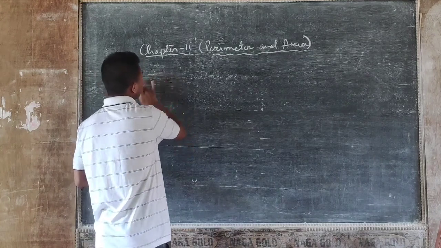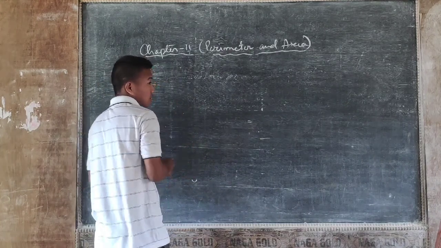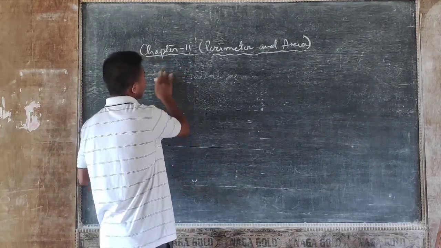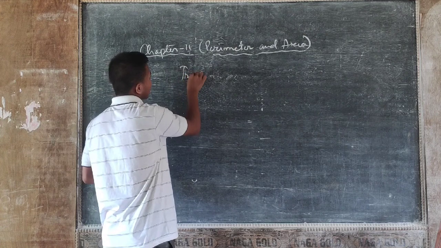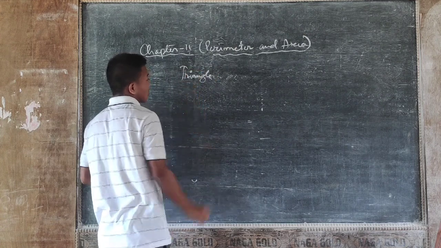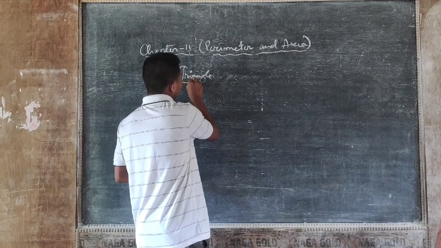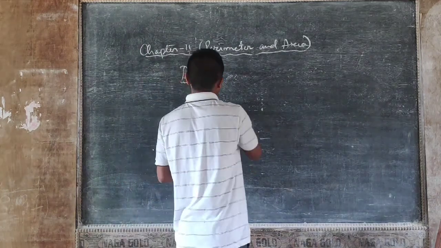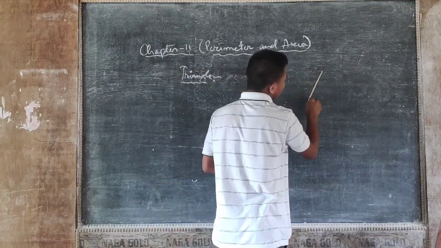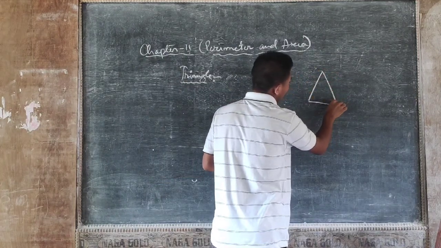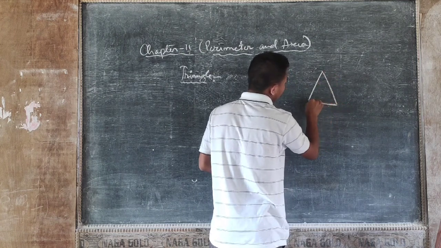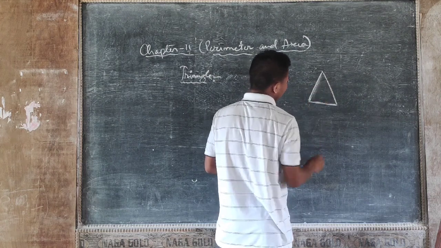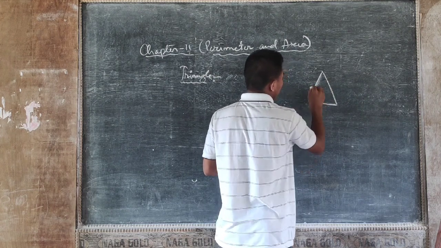And now let us try to find the perimeter and area of this next figure called triangle. So triangle is a 3 sides polygon. Remember, 3 sides polygon, that means you bring 3 sides and all closed, they're all joined. So this will be a triangle.